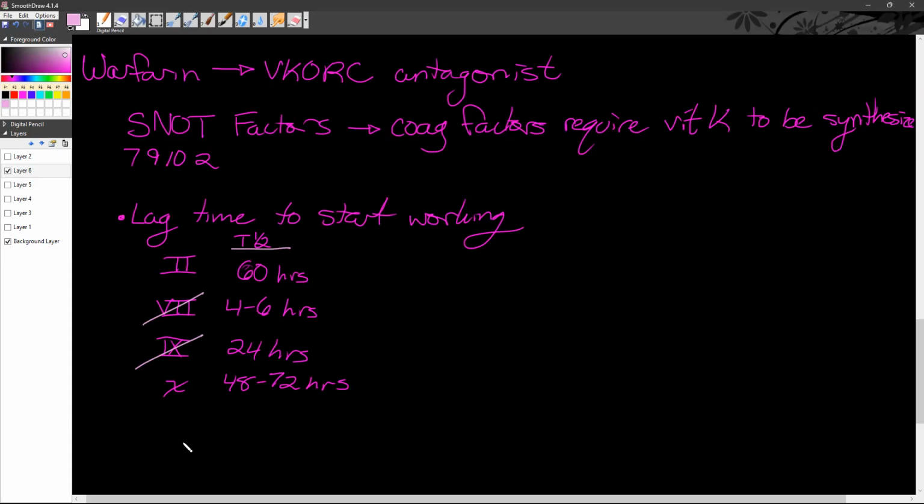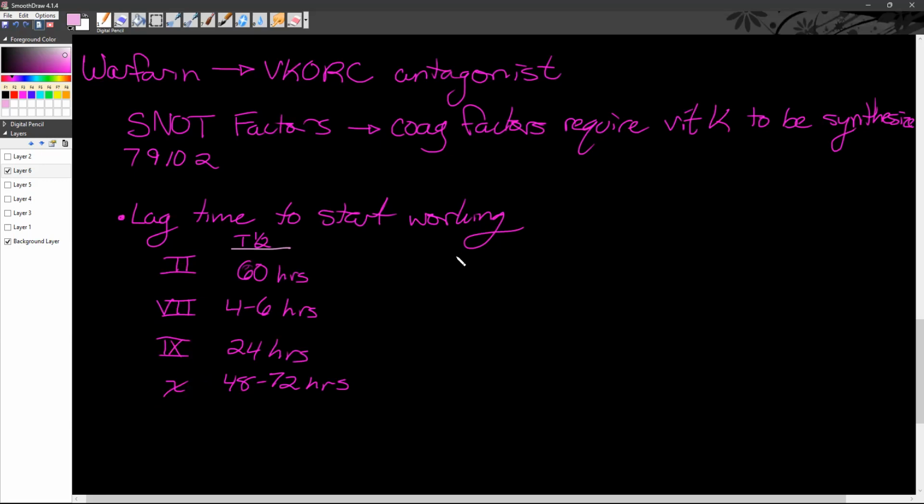So maybe you increase the dose. You come back in 3 days, and now you've gotten rid of factor 10, but we still have factor 2. And so you increase the dose again. And so now the person is at high risk of bleeding. So warfarin has a lag time in order for us to see when its maximal effect is.